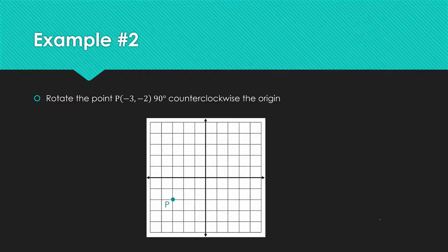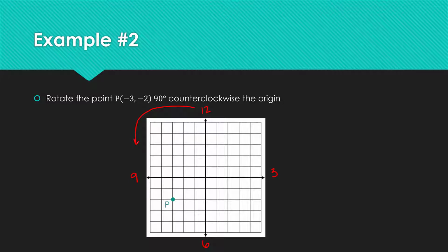So rotate the point P, (-3, -2), 90 degrees counterclockwise. Counterclockwise would go backwards on a clock. So if I think of this as being a clock, we want to go this direction, 90 degrees.